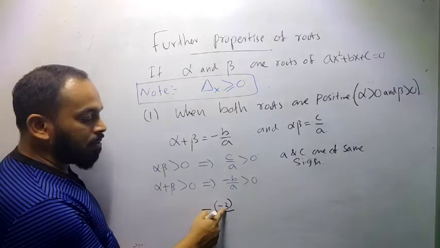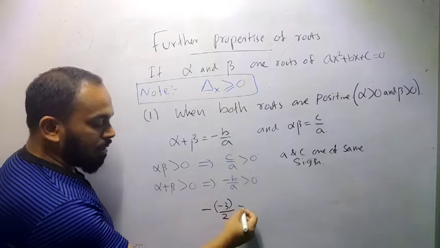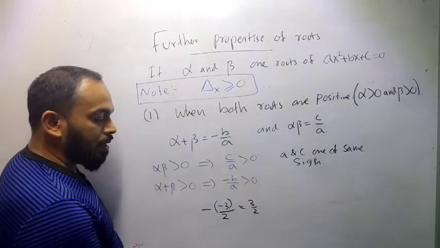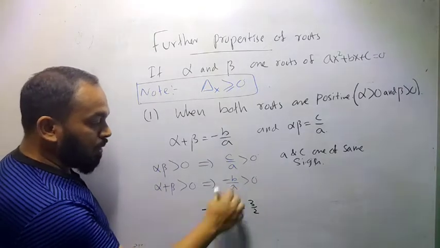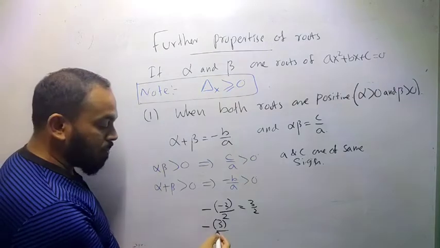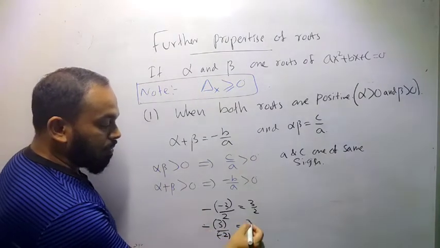This is negative, then A should be a positive number. Let's say 2, then this is equal to negative negative, this is 3 by 2. Another example: if we choose B to be positive 3, then A has to be negative 2, then negative negative cancels out, 3 by 2.